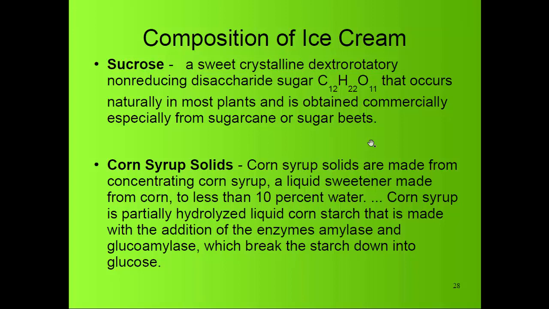Corn syrup is partially hydrolyzed liquid cornstarch, made with the addition of the enzymes alpha-amylase and glucoamylase, which break it down into glucose. So corn syrup solids are another type of sugar.